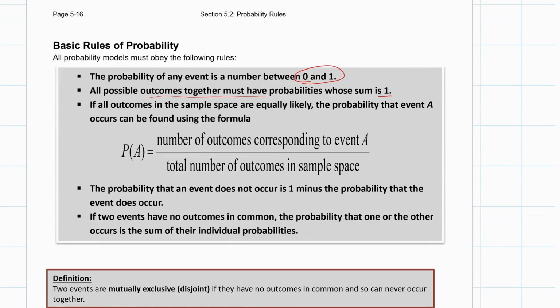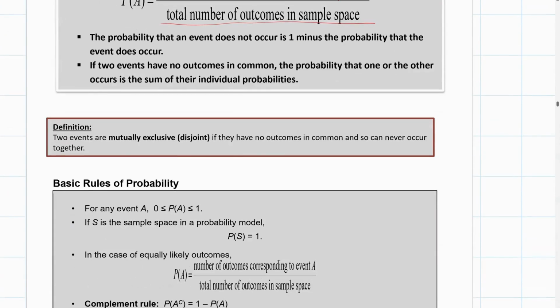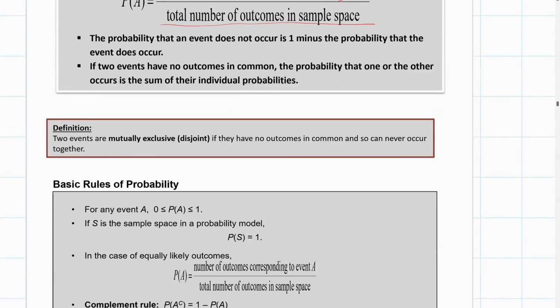If the outcomes are equally likely, then we can think of the probability of event A as the number of outcomes that correspond to event A divided by the total number of outcomes in the sample space, like we did in the dice example. The probability that an event does not occur is 1 minus the probability that the event does occur. We saw that in that last example.